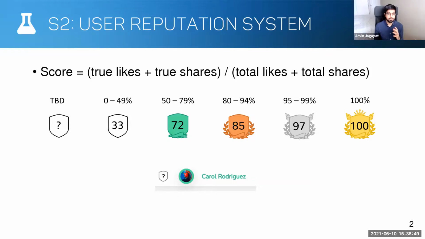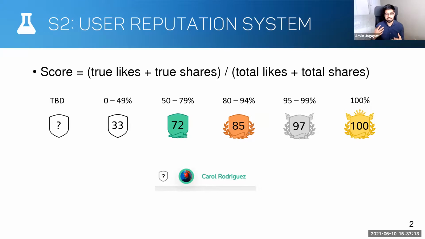So the idea here is we would give them a score based upon the percentage of true information they liked or shared out of the total. So that would include the misinformation as well. And they'd get different badges on their profiles at different tiers to show how trustworthy they are. The idea here is that the threat of getting a poor rating would motivate people to engage in better media literacy behaviors.